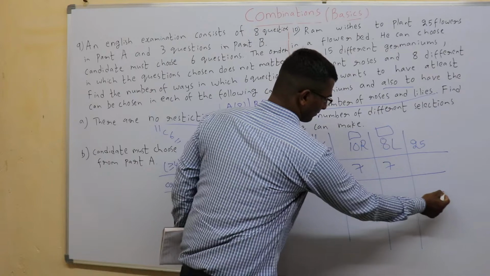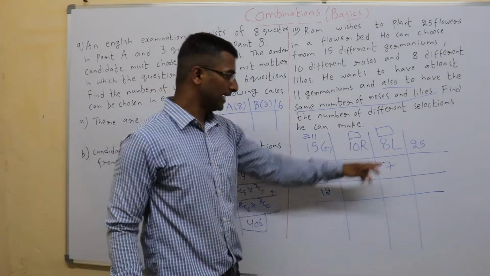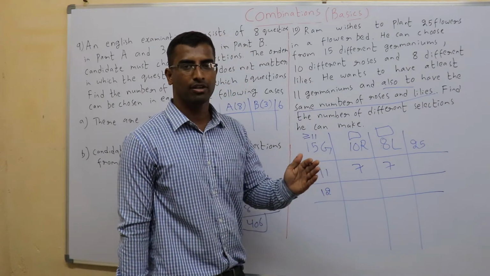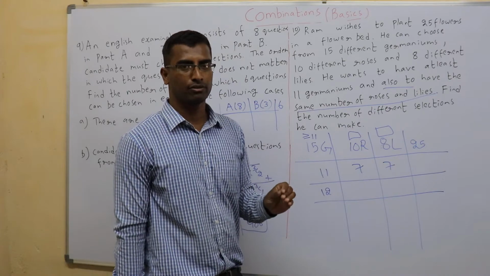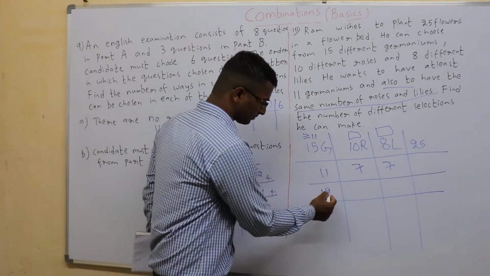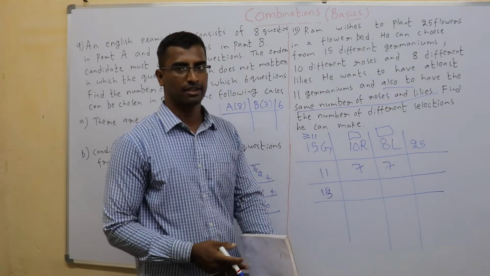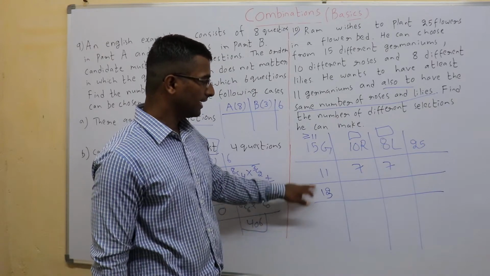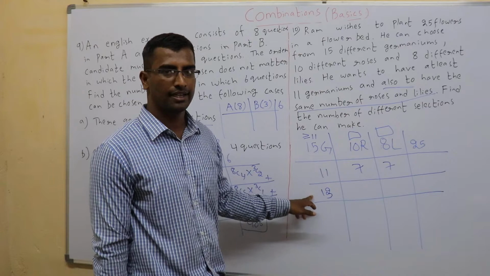Next, I could also take 12 geraniums. From 25 remove 12, 13. Half of 13 is 6.5. I cannot take 6.5 roses, so 12 is not possible. Go to the next number, 13. If I take 13 geraniums, 25 minus 13 is 12.